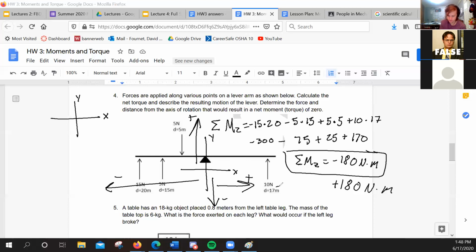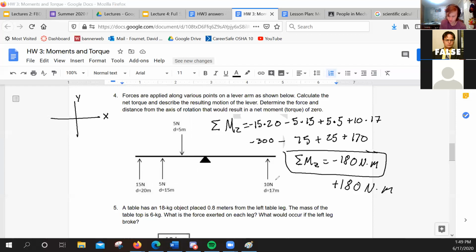So if we have a distance that is out this way, it's going to be positive. If we have a distance out this way, it's going to be negative. If we have a force that's pointing down, it's going to be negative. And if we have a force that's pointing up, it's going to be positive, right? And if you just put those in, assuming those things, it'll sort itself out.